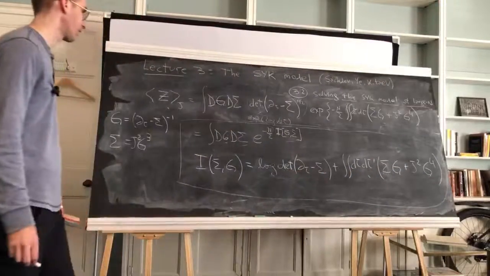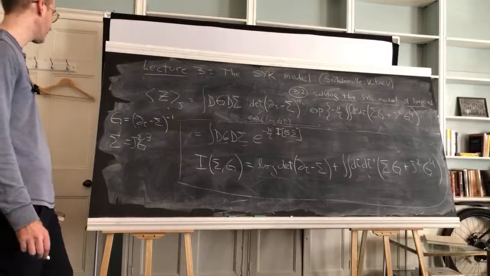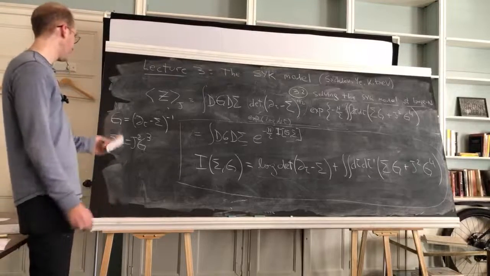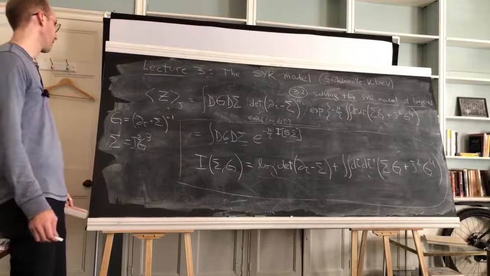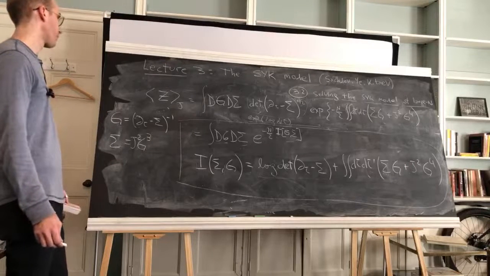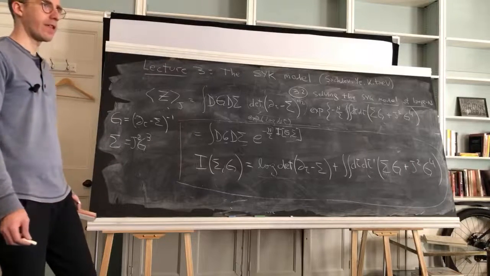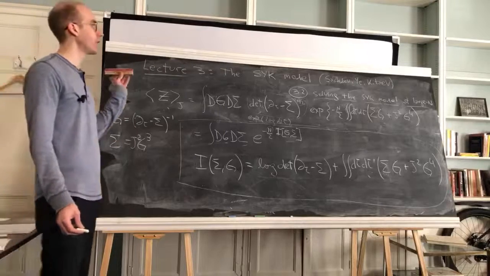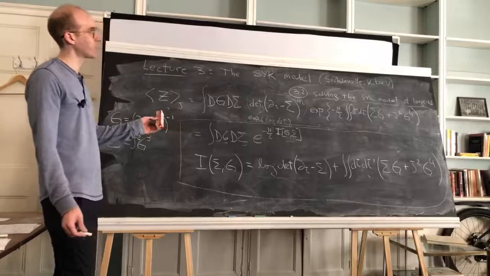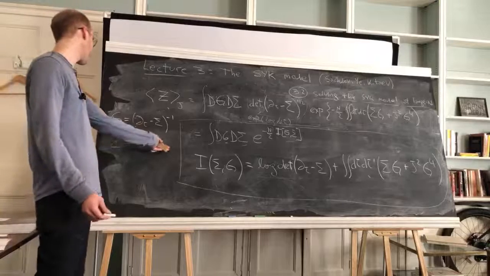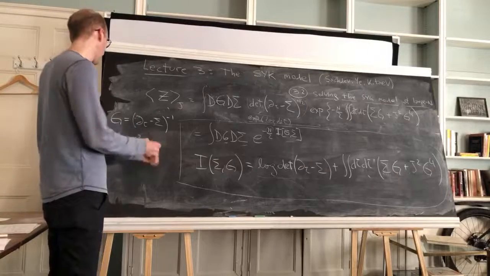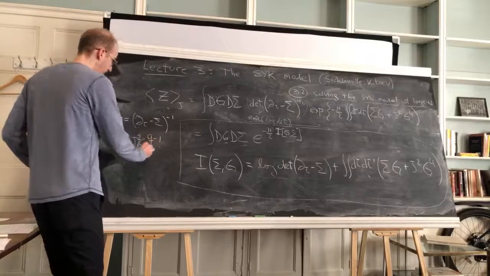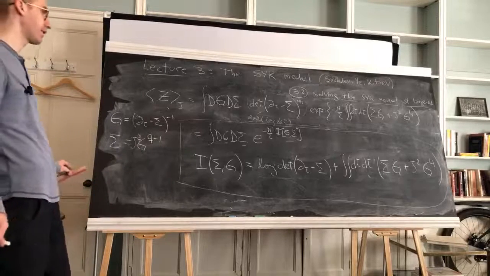You need to use some properties of these determinants, but believe me that you end up getting this. The other interesting comment is that if you, instead of doing the q equals 4 SYK, you do the q equals q SYK, instead of getting a 3, you get q minus 1, but nothing else changes.